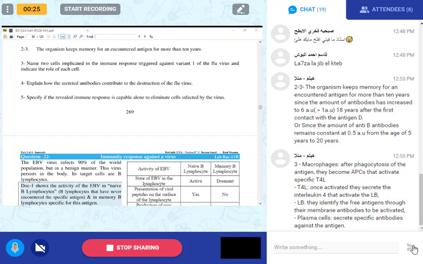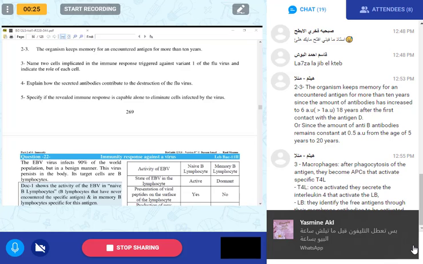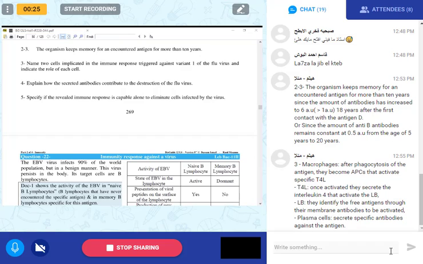Macrophage after phagocytosis of the antigen becomes APC and activates specific T4 lymphocyte. Okay, LB T4 once activated secrete interleukin 4 to activate LB.